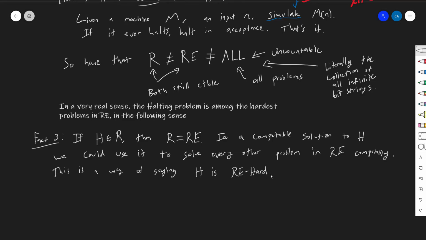So you've probably heard of things being like NP hard or hard for a particular complexity class. A problem is hard for a class if you could use it to solve every other problem in the class, in whatever resource use or efficiency or whatever is implicitly related to what you're talking about. And if a problem is RE hard and also in RE, since additionally H is in RE, we say H is RE complete.